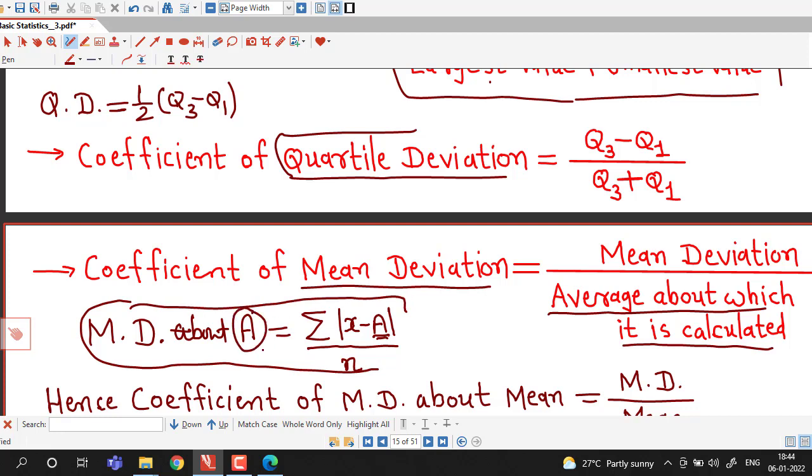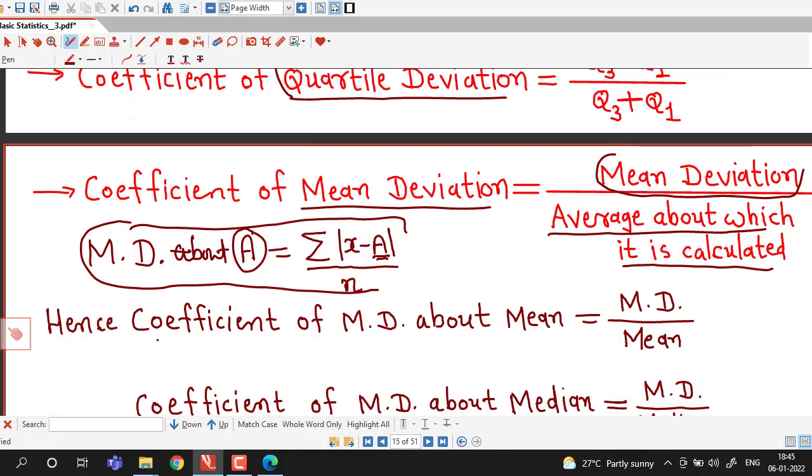If we are using mean as average A, then we will divide mean deviation about mean by mean, and we will obtain coefficient of mean deviation about mean. So coefficient of mean deviation about mean is equal to mean deviation divided by mean.